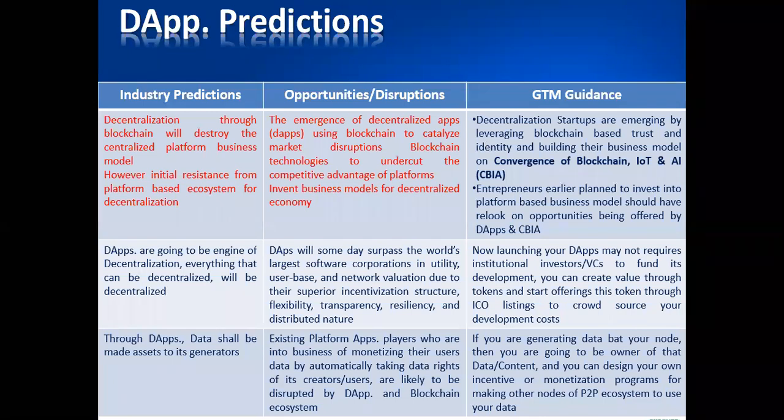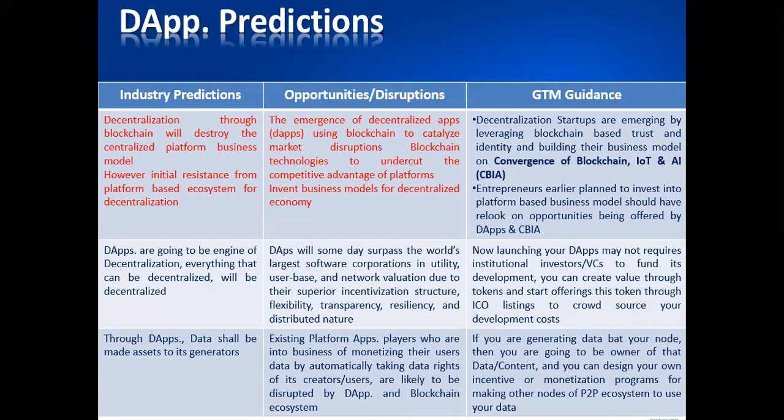You should not focus only on blockchain, only on IoT, or only on AI, but on the intersection or convergence point of all three emerging technologies. If your product or new launch is missing any of these three components, you are not fully capturing the potential.